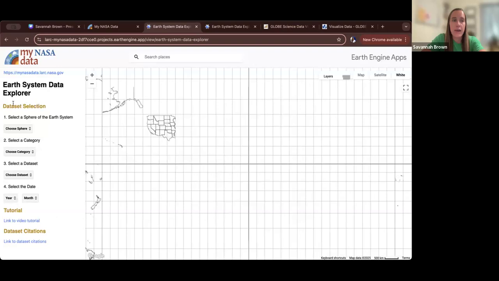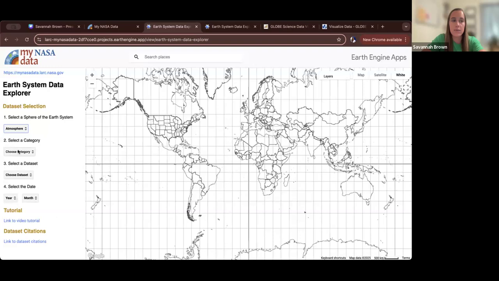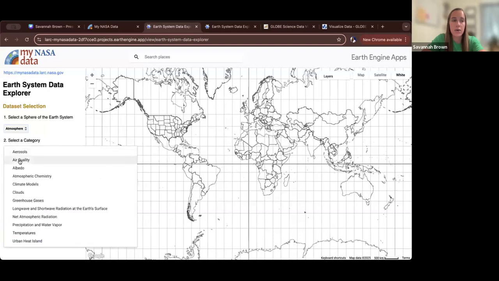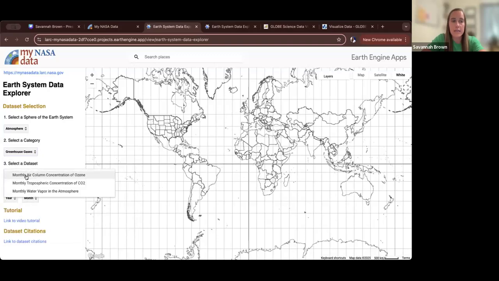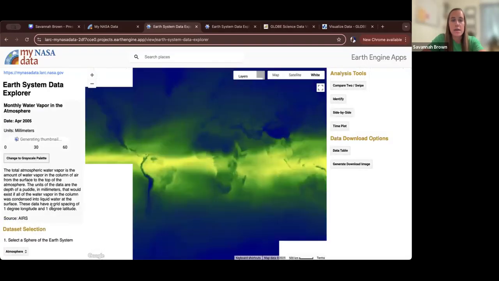Over here, you have data set selection, so you can choose what it is that you would like to look at. So, for example, we could look at greenhouse gases, and let's look at the water vapor in the atmosphere, and then you can select the year and month that you would like to look at.